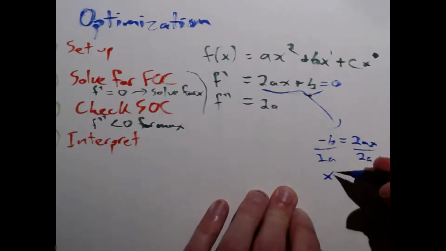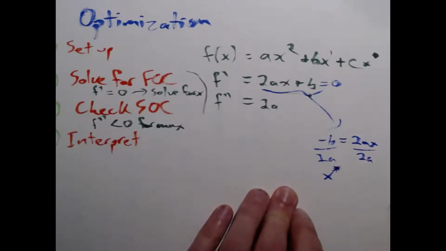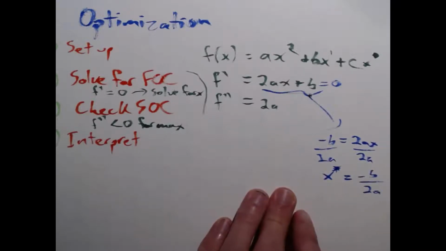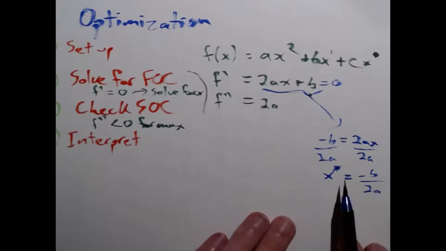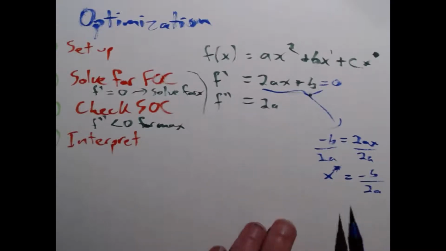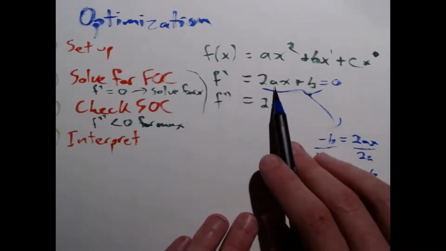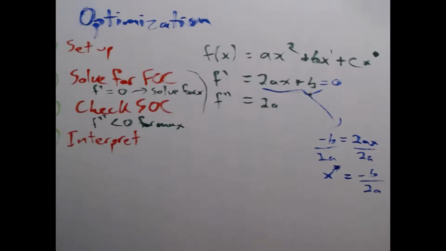And we've got x, I'm going to call this x star, right? This is our solution, x star is equal to negative b over 2a. So this is where our first derivative is equal to 0. When x takes on this value, whatever that value is, we have found the point where we're zeroing out.